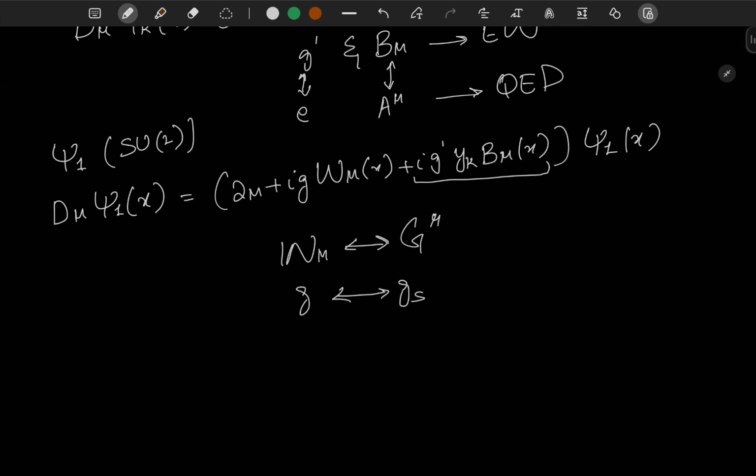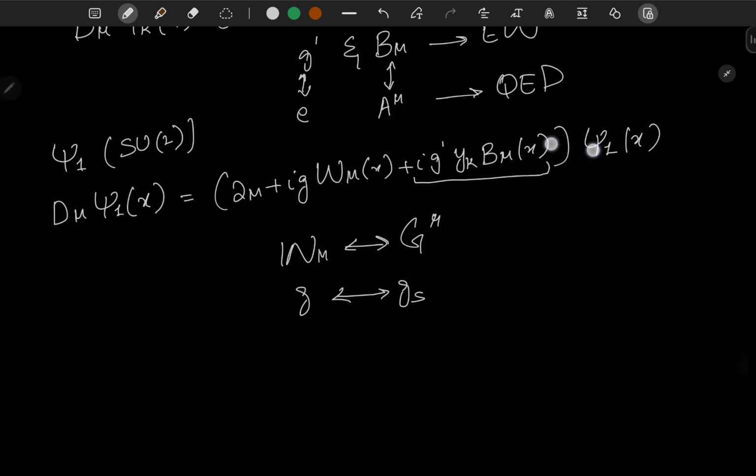And by definition, the covariant derivative transforms as the field transforms. So the covariant derivative transforms itself as the field transforms.